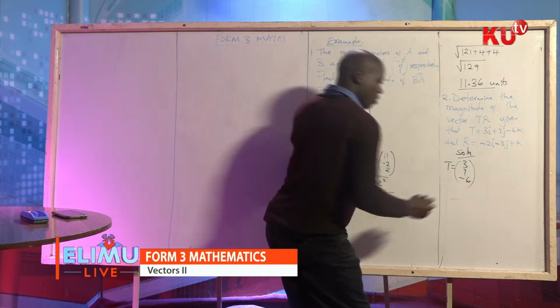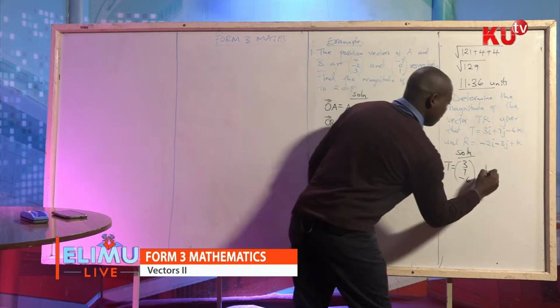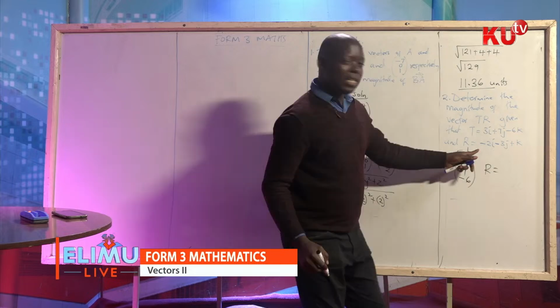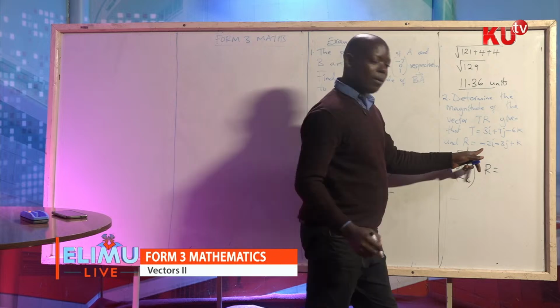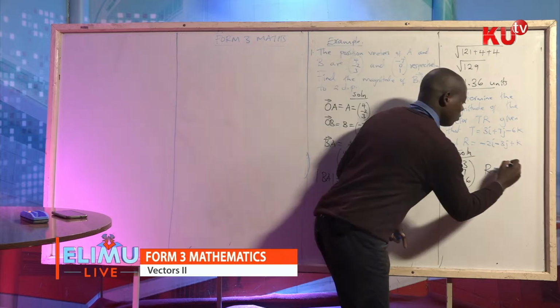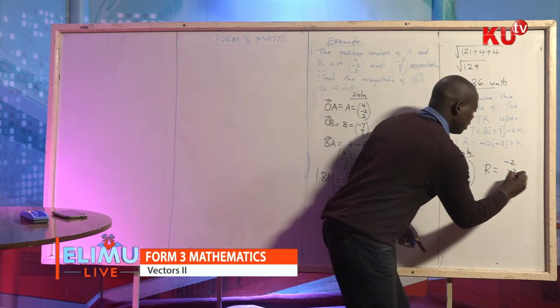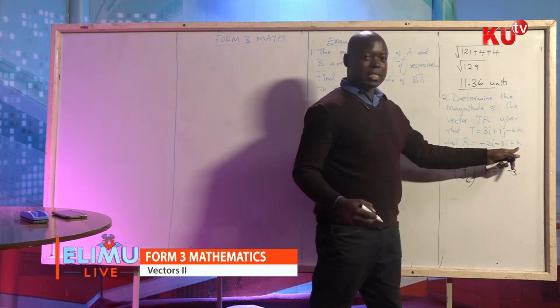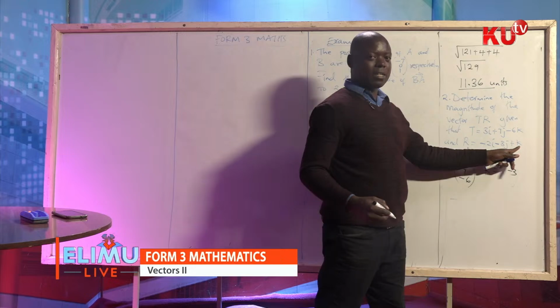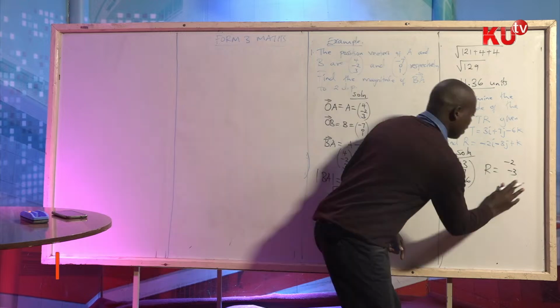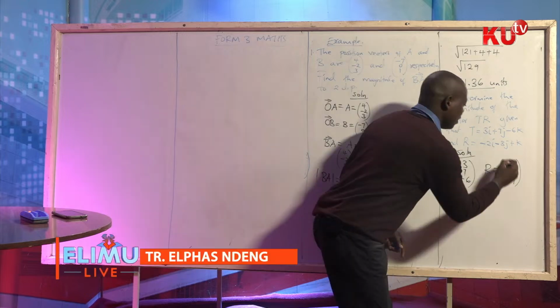What is R? Again, from these coefficients, R will be negative 2, next negative 3 below it. What about this? This is K. What do we write? That is 1. It's like saying 1K, therefore we write just 1.